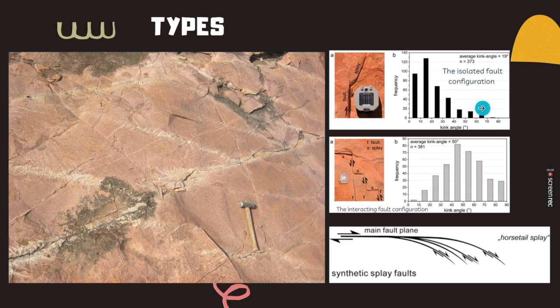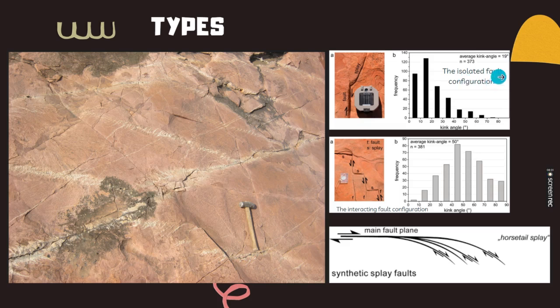Now there are two types of splay you can understand. As I have shown, this is horsetail splay, diverging from the main fault zone. Sometimes from a major fault, I have shown a small scale for understanding, one branching takes place at low angle from the tip.